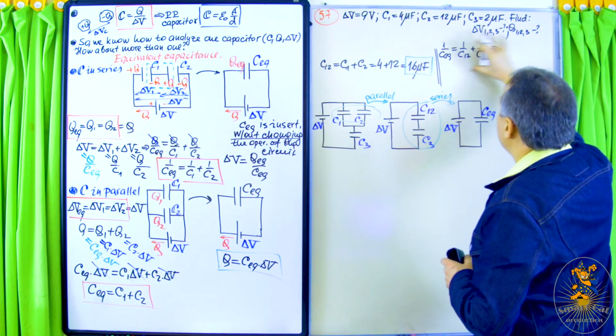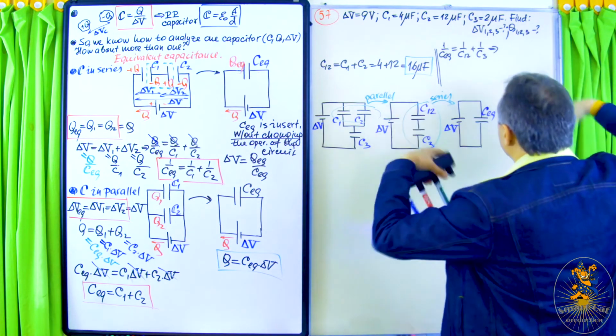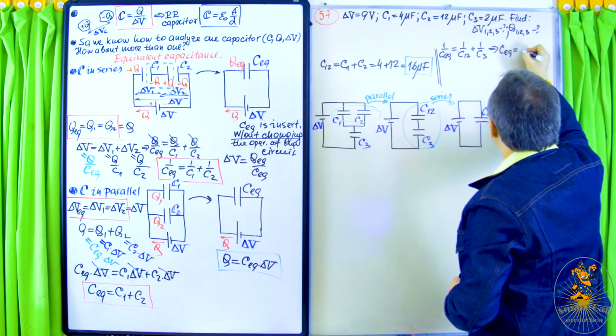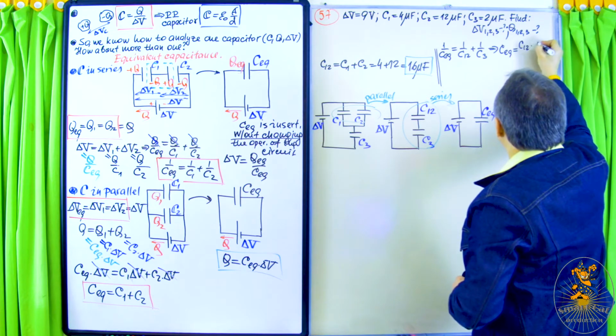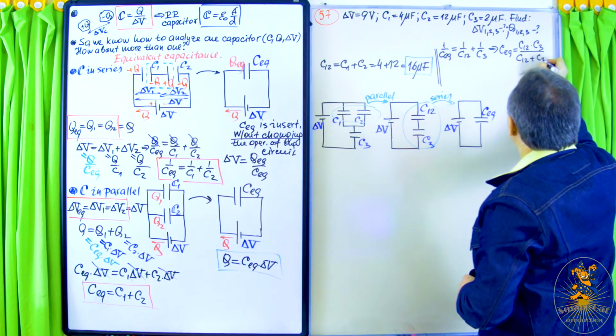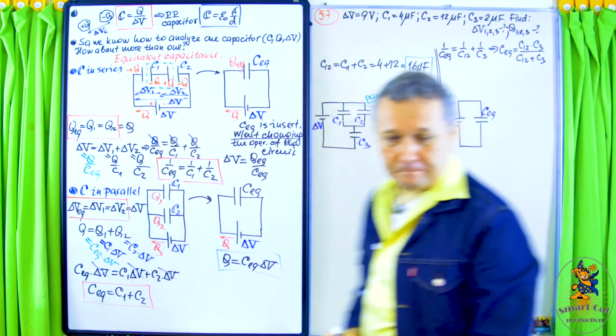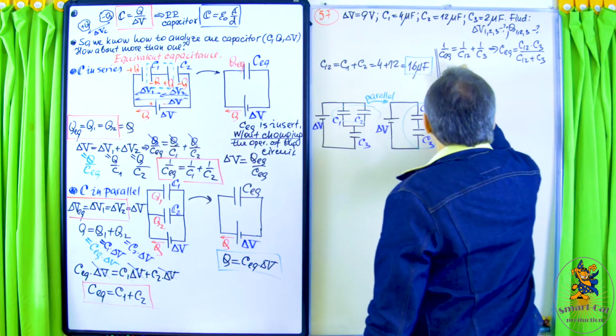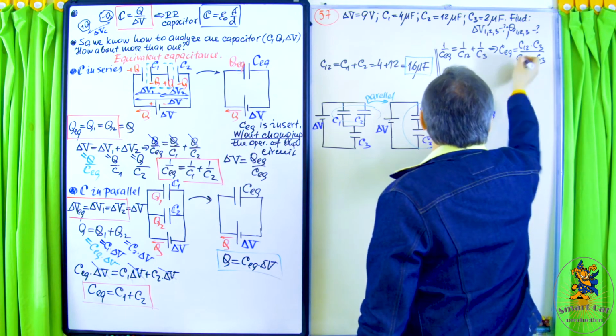So of course you need to bring it to the common denominator and then flip it. You will end up with C equivalent equals C12 times C3 divided by their sum. Of course, we can plug in numbers.